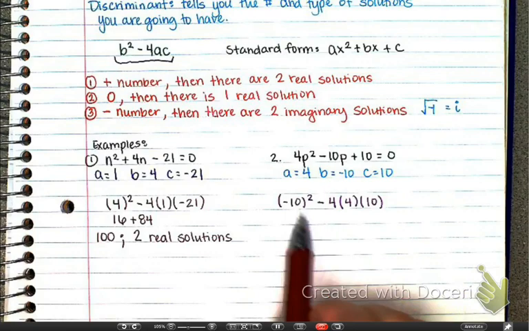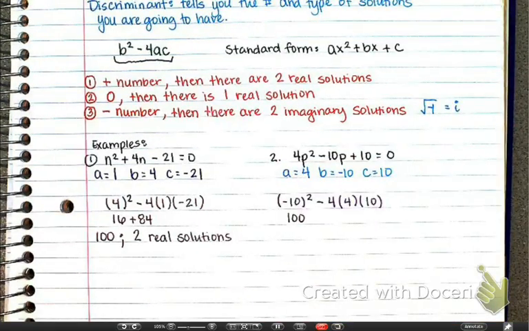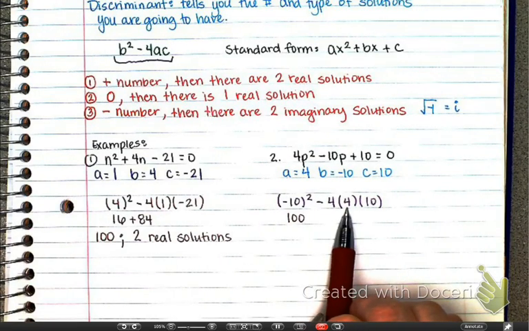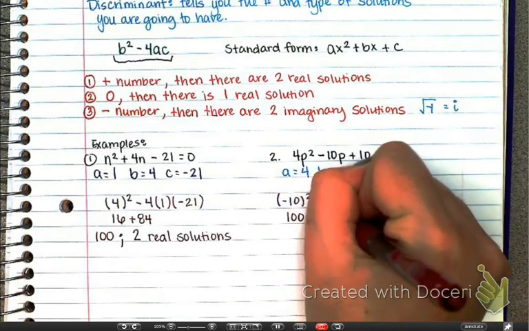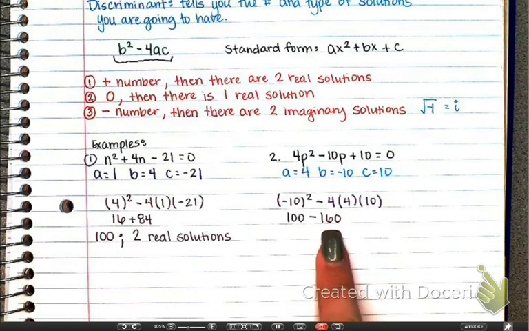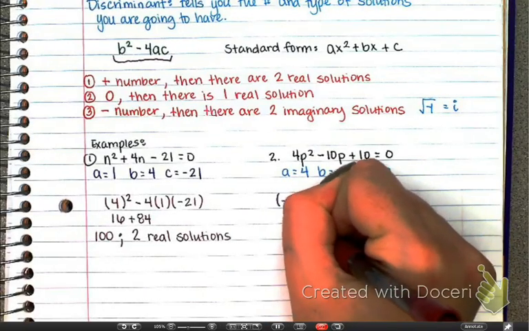One thing at a time. Negative 10 squared is a positive 100. Negative 4 times positive 4 is negative 16. Negative 16 times 10 is a negative 160. 100 minus 160 gives me negative 60 for my discriminant.